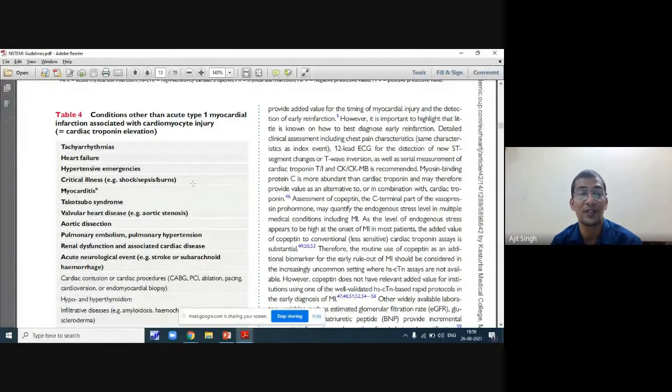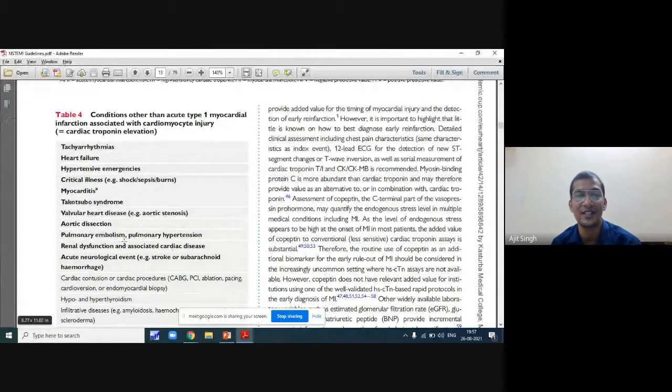Patient can come up with myocarditis or Takotsubo syndrome. Takotsubo syndrome is called a cardiomyopathy, so cardiomyopathy also can develop MI. So these are the other conditions which can be associated with MI while the patient is presenting to the ER, emergency room, or your OPD. Aortic dissection, pulmonary embolism, renal dysfunctions, and all.